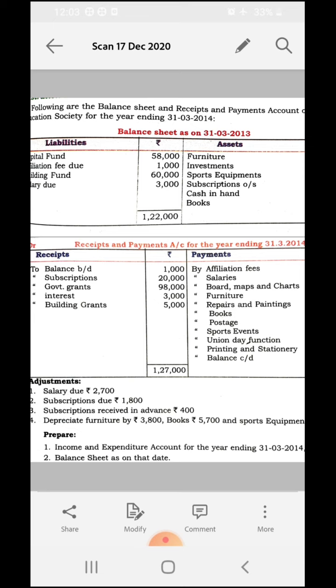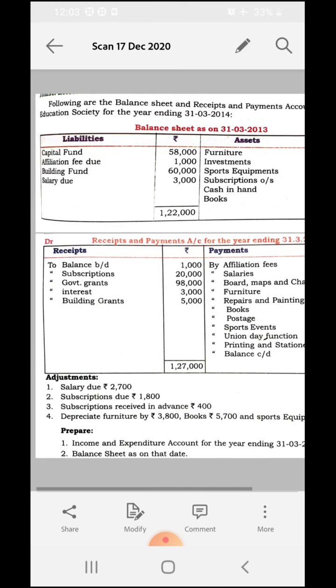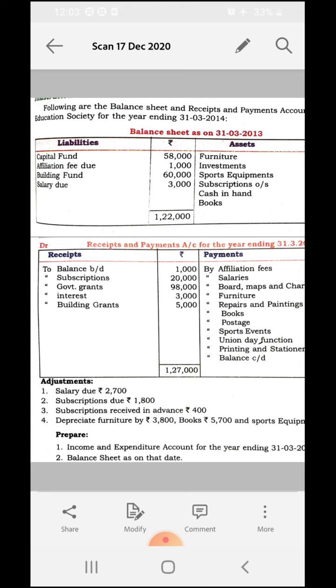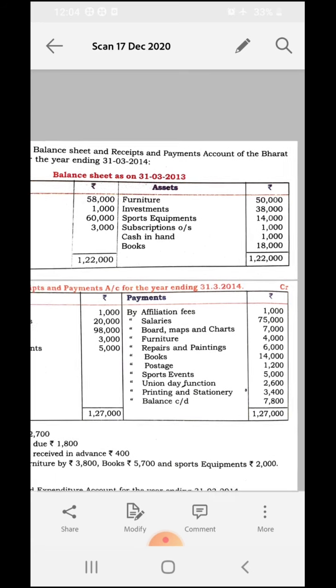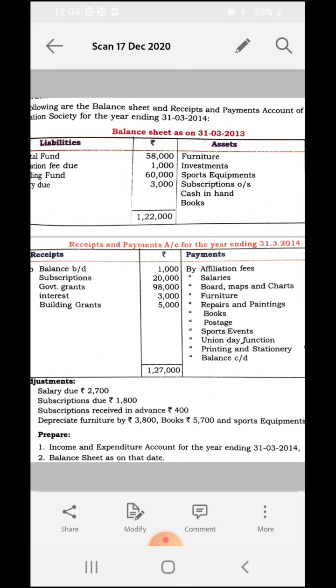Right. That is revenue receipts, and interest 3,000 and building grant, a specific fund, needs to be added to the building fund, 5,000.